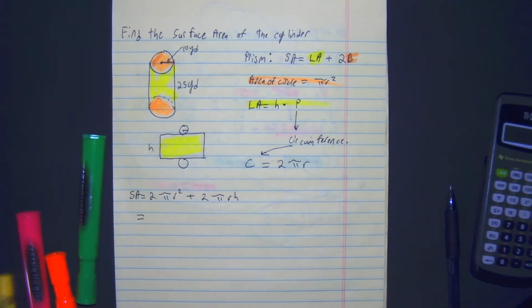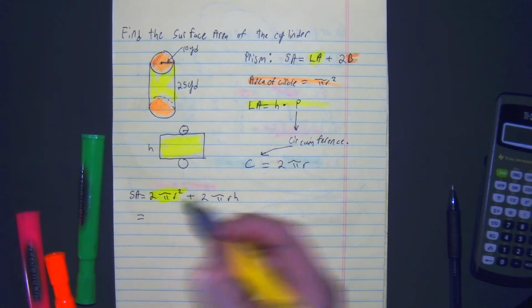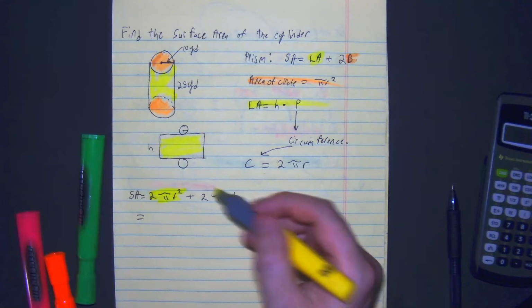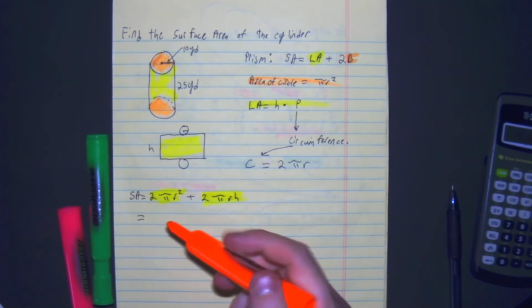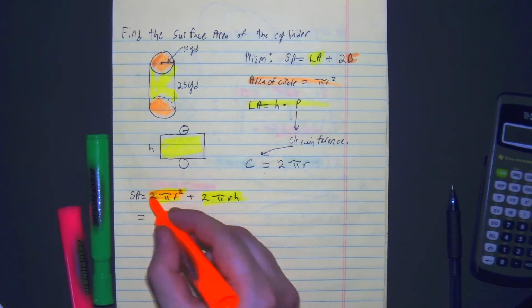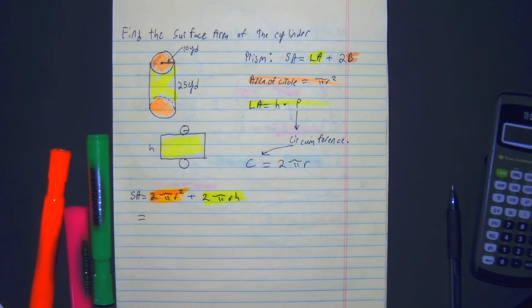You remember, just one last thing, this is the lateral area. So it's basically the same thing as for prisms, it's just with different numbers and we have pi.